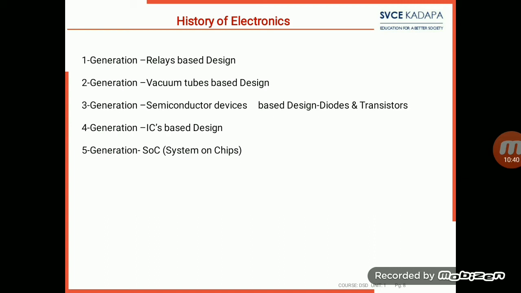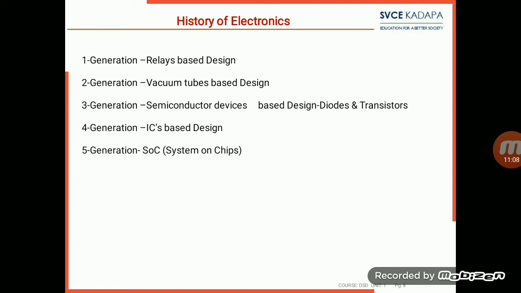Once again, day-to-day technology changes. Next, coming to the fifth generation, that is the system on chip. System on chip is nothing but combining different ICs on a single silicon chip. IC means integration of different active and passive components. System on chip means integration of different ICs on a single silicon wafer.